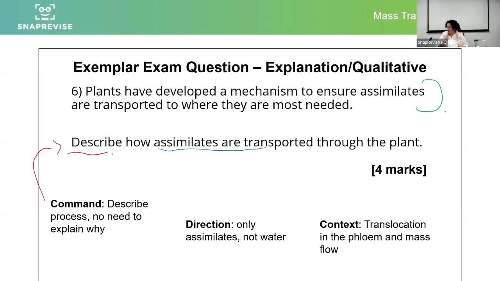Take a quick minute to try to structure the answer for yourselves.